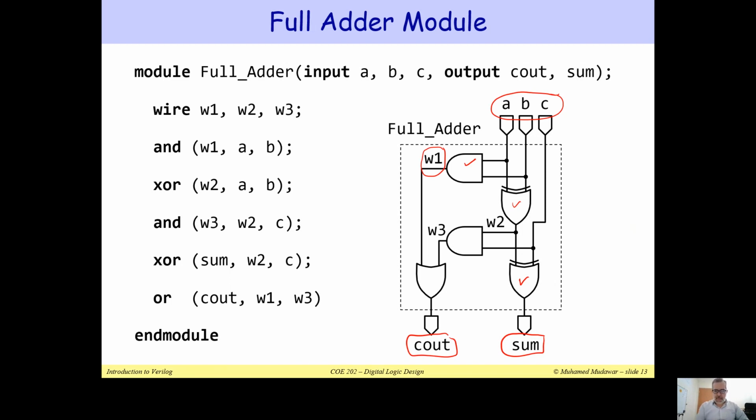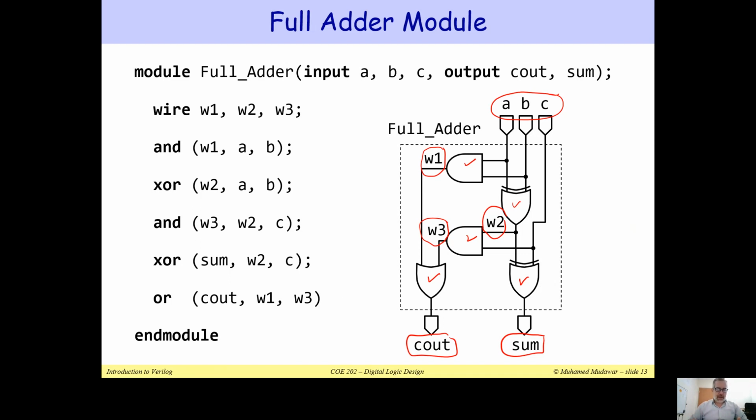And here I have A XOR B. The output will be called W2. And with C, that's my AND gate. The output will be equal to W3. This will be wire 3. And then finally, I need an OR gate. So this will give me C out. So in total, we have 5 gates. We have 2 XOR gates, we have 2 AND gates, and we have 1 OR gate.